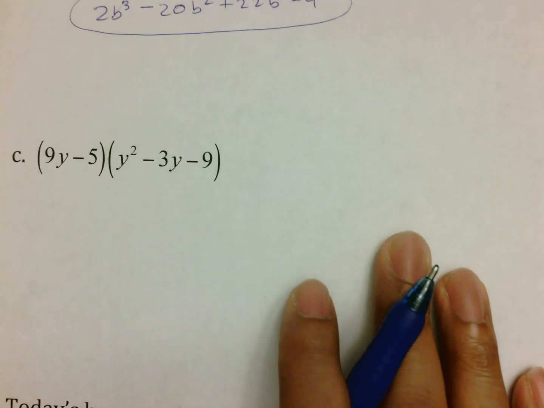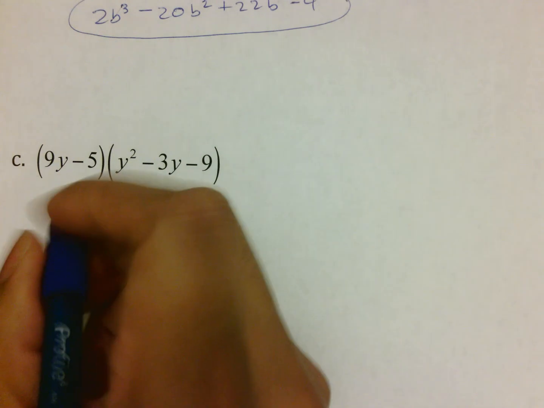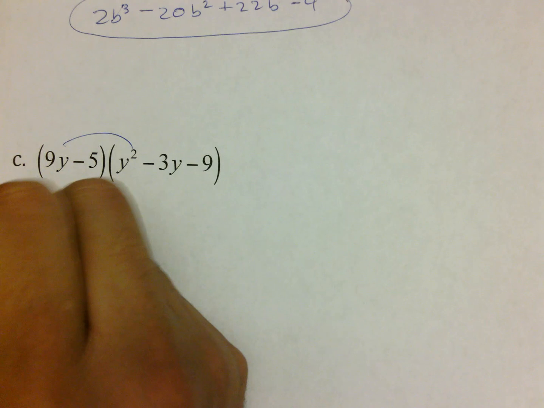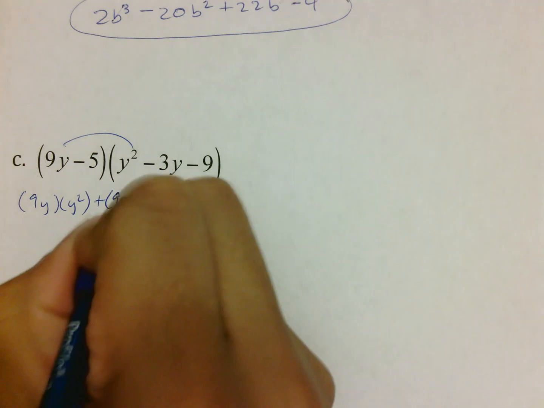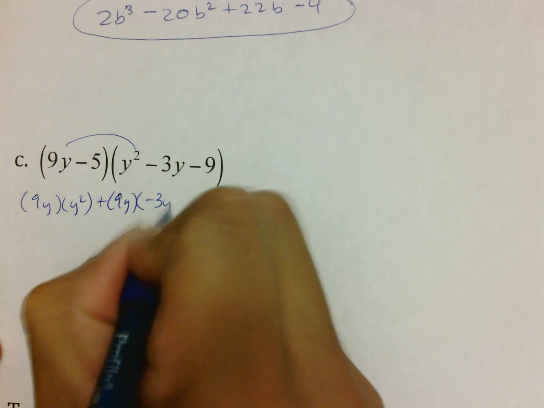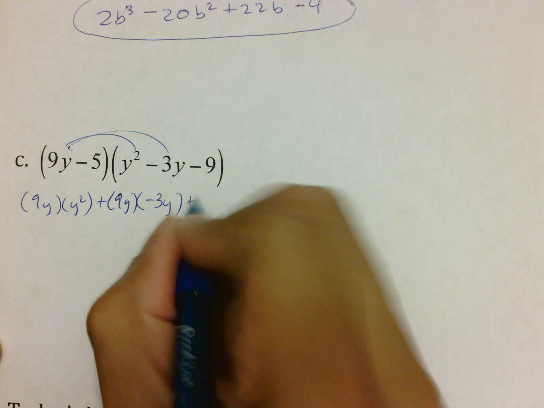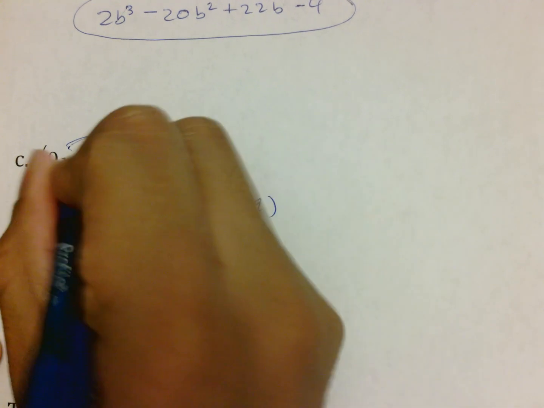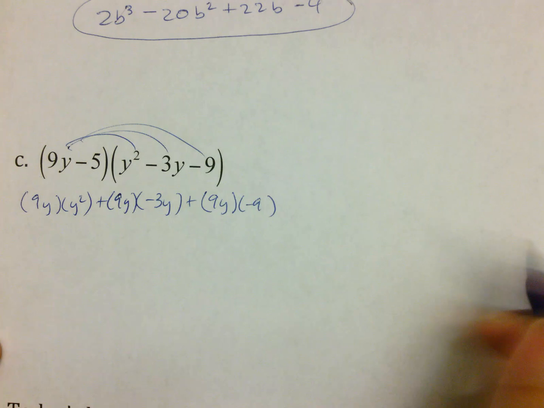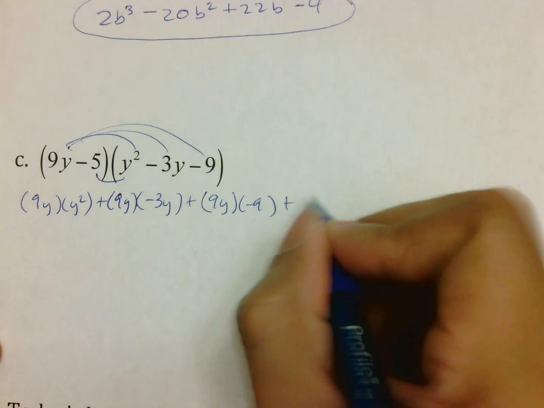And then the last one before we talk about what we're going to do for the day: 9y, y squared, 9y, negative 3y. Again, I draw the line so I know where I'm at. 9y meets negative 9, so that I know I at least had everything happen. That kind of keeps me organized.